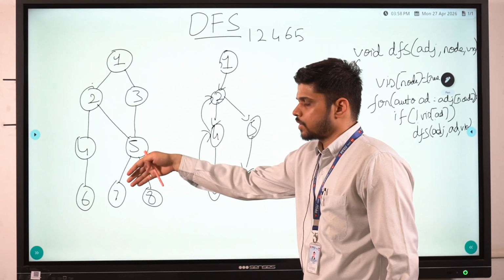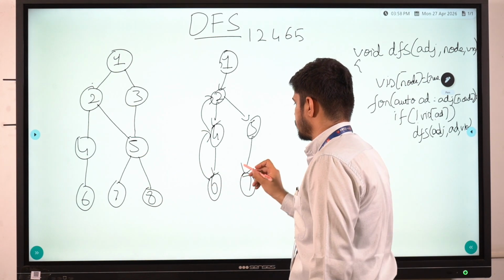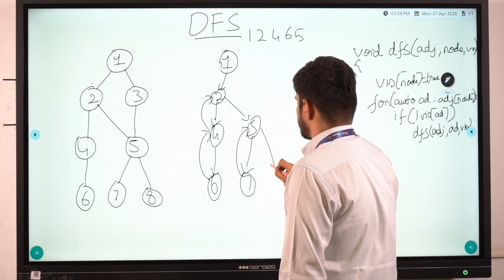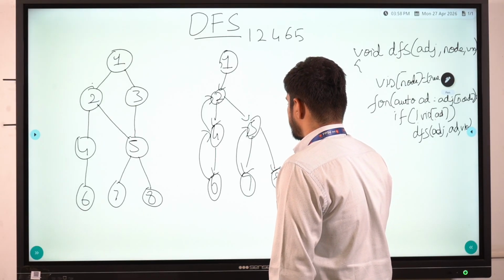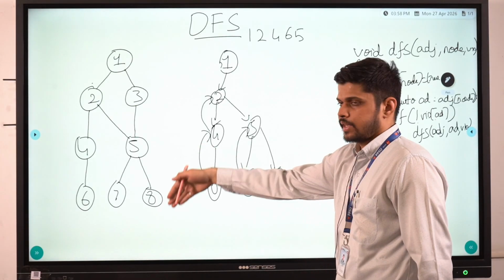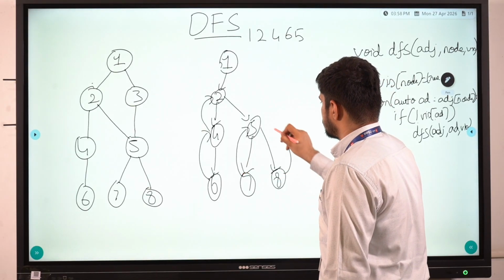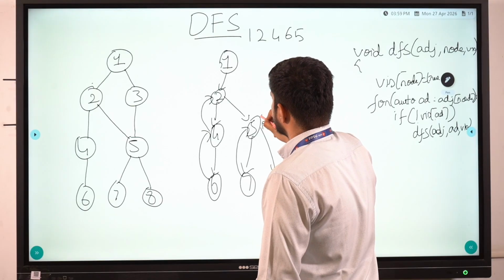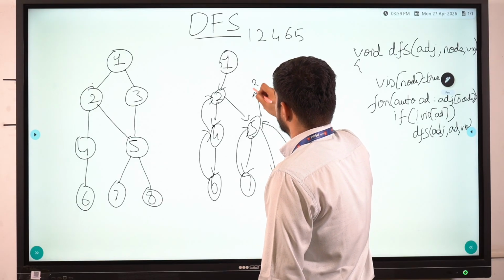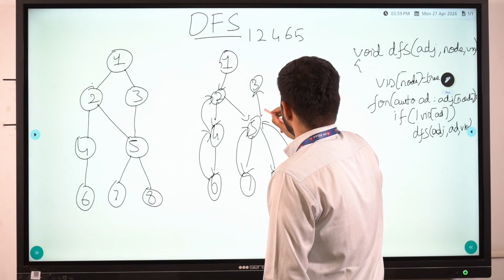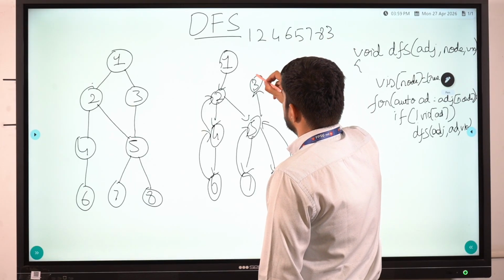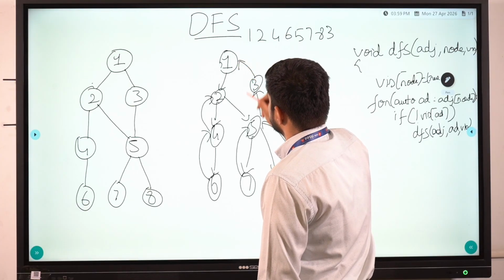And since there is no depth of 7, I will move back. So I will move back from 7 to 5, and then from 5 I will move to 8. Since there is no depth of 8, I will move back to 5. From 5 I will move back to 3. So I will print 7, 8 and then 3, and then from 3 I will move back to 1.